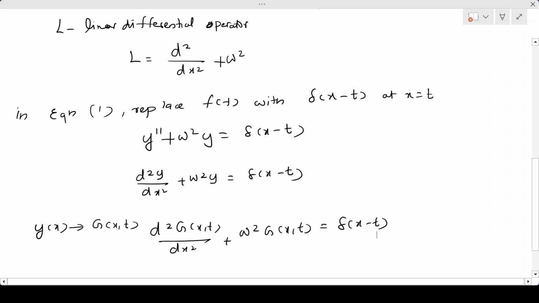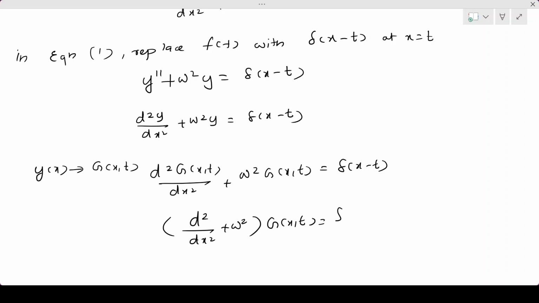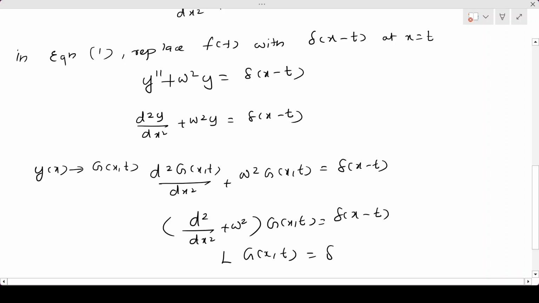Taking the operator d square by dx square plus omega square outside the bracket, we have this operator L, and L g of xt is equal to delta x minus t.